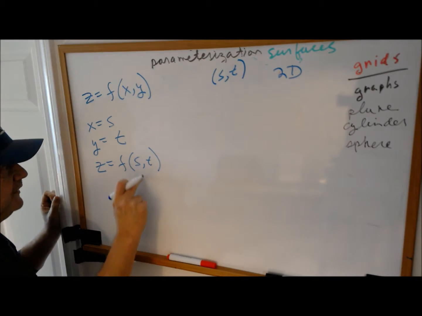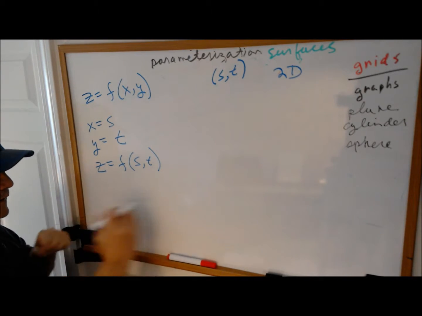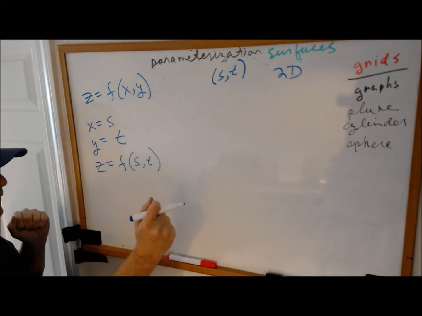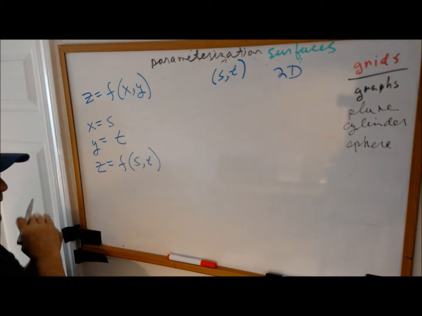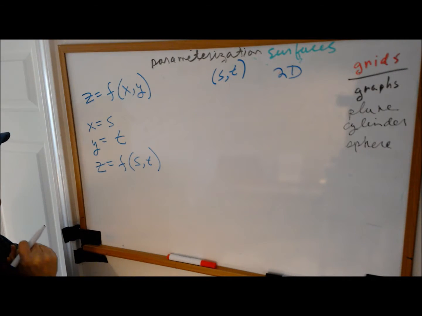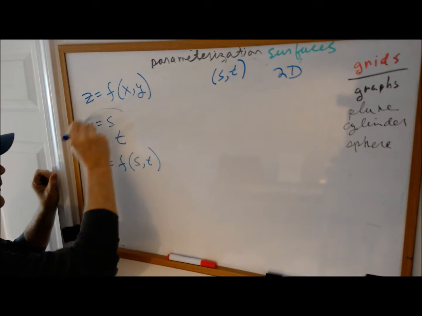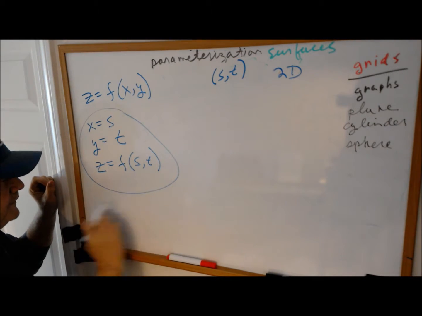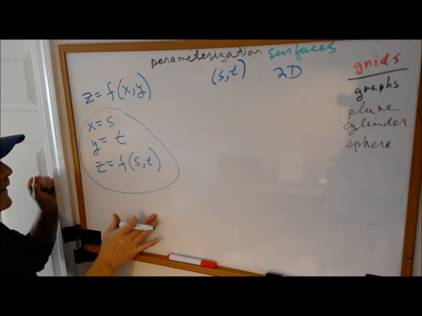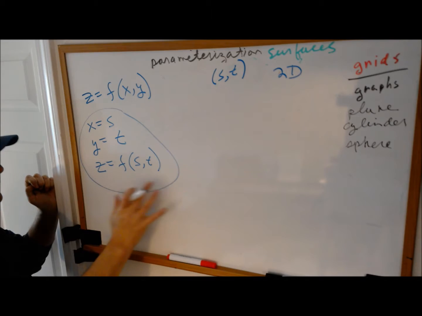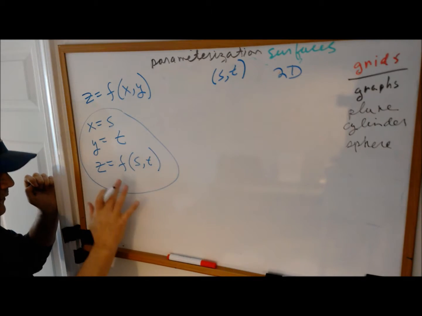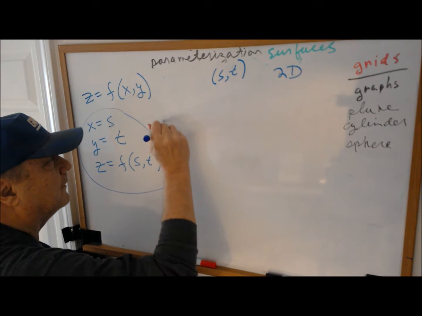As long as we specify how s and t range, provide the boundaries for s and t, or it could be minus infinity to infinity. Now, this, along with those boundaries, is that parameterization. Now, we often write this situation in vector form.